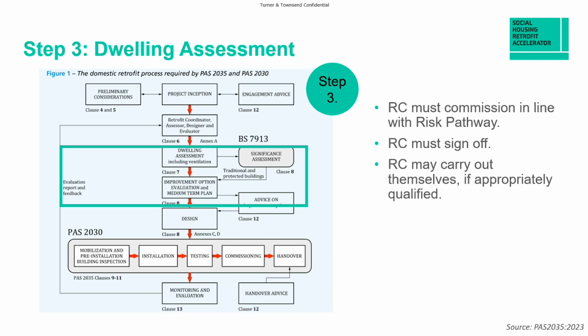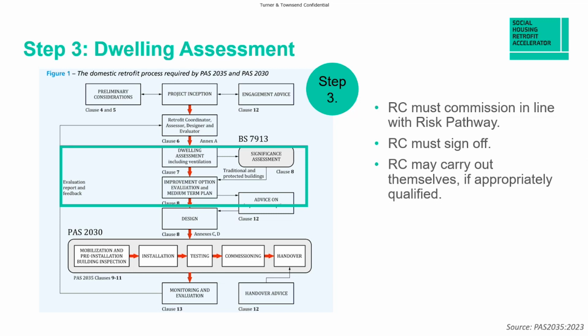The retrofit coordinator must sign off that application of getting the retrofit assessor out there. And the retrofit coordinator may carry out that dwelling assessment if they have the right qualifications as a dwelling assessor.